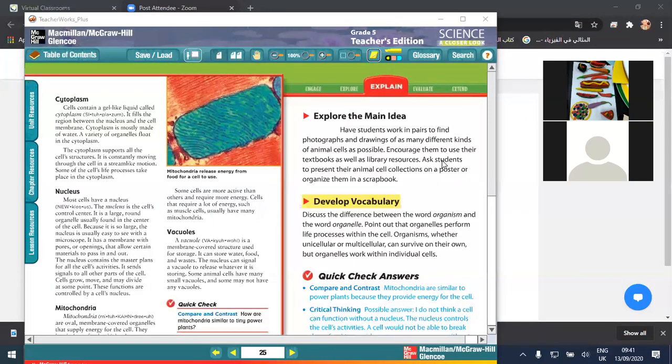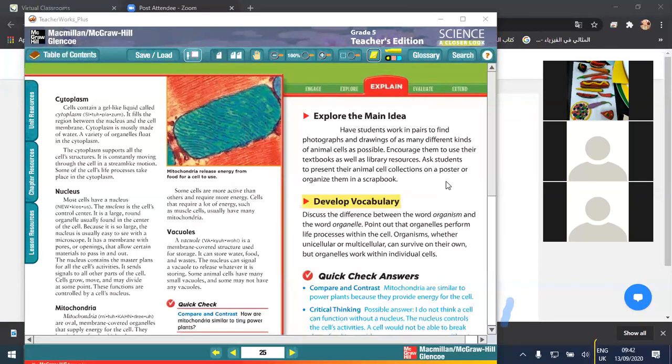Perfect answer, yes, excellent. Now, where are an animal cell's organelles found?